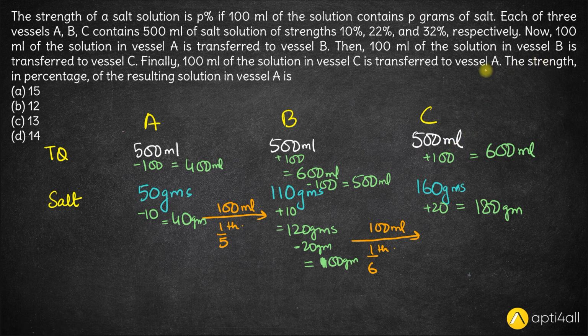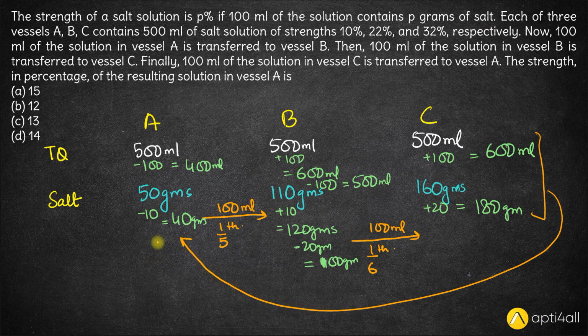Now finally, 100 ml of vessel C is transferred to A. So 100 ml out of how much? 600 ml. That means we are transferring 1/6 of the solution, so 1/6 of salt will also get transferred.